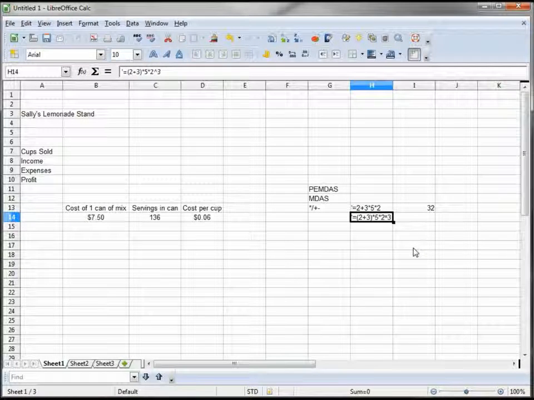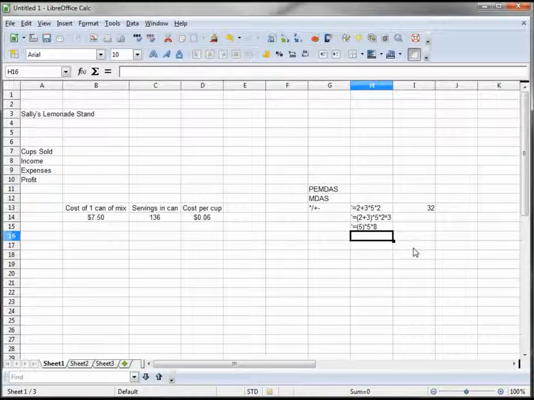That's where the excuse, the E, comes from, exponent. And this would be the same thing as 2 plus 3 is 5 times 5 times 2 to the power of 3, which is 2 times 2 is 4 times 2 is 8.